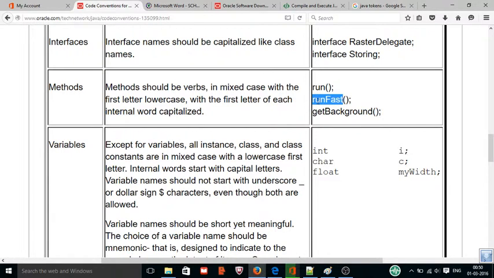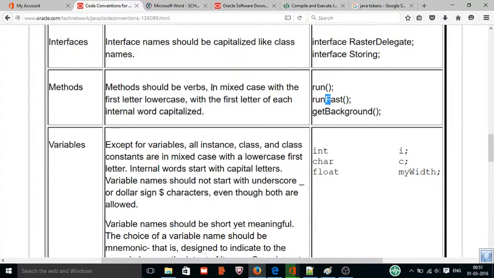The first letter of run is lowercase, but any subsequent word must start with an uppercase letter. So it is runFast: run is lowercase and fast is uppercase. The rule says a method name should be a verb.